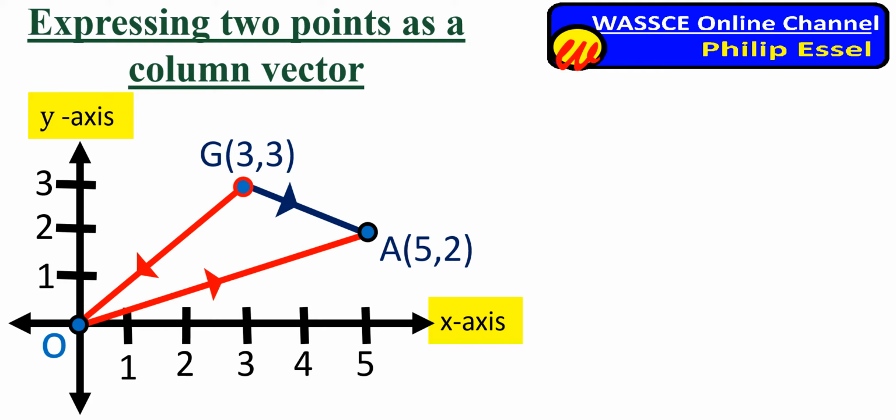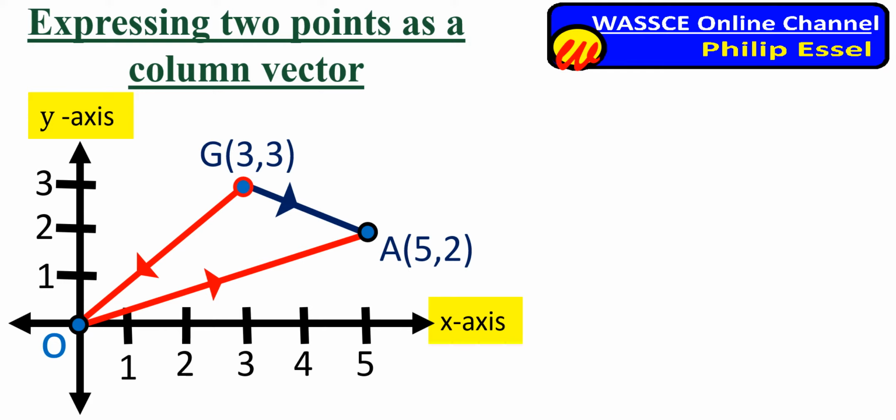You move from town G to the origin, then from the origin you come back to town A. So those are two ways by which you can move from G to A. Since the two roads lead to the same place, we can say that the two roads are the same. The only difference is that one is longer than the other.